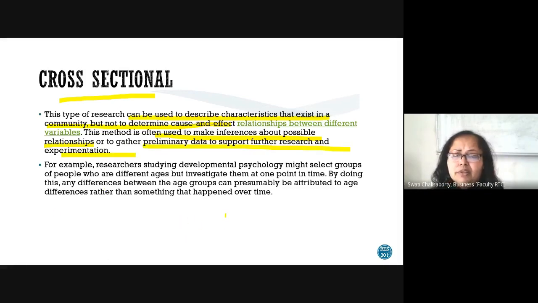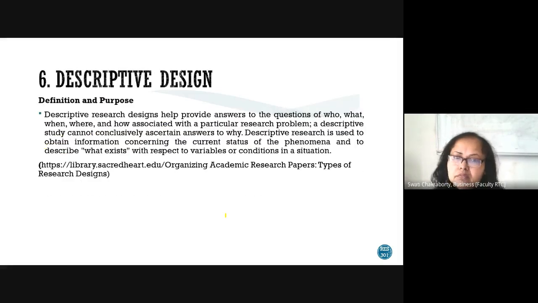For example, researchers studying developmental psychology may select groups of people who are of different ages but investigate them at one particular point in time. By doing this, any differences in the age groups can presumably be attributed to age differences rather than something that happened over time. Okay.